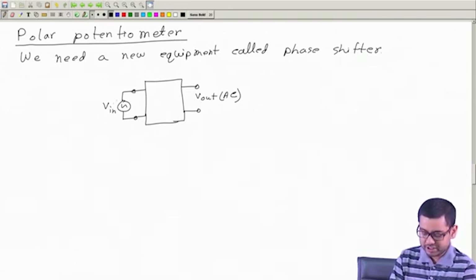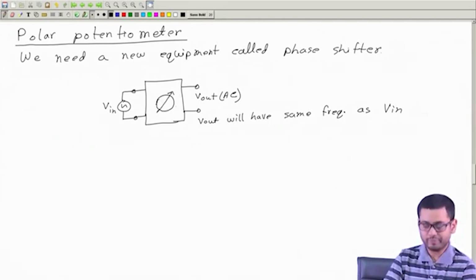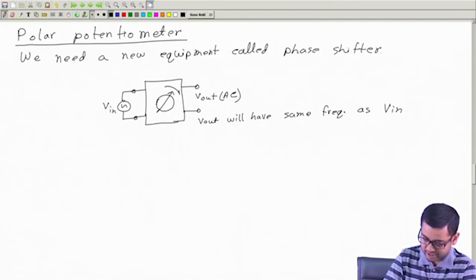Whatever frequency you give at the input, the output will have the same frequency. And we will have a knob or a dial which we can turn. So, this is a control.